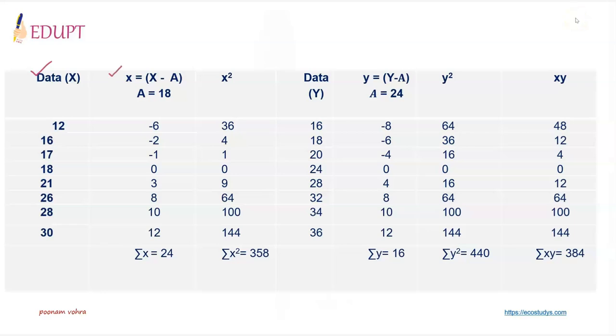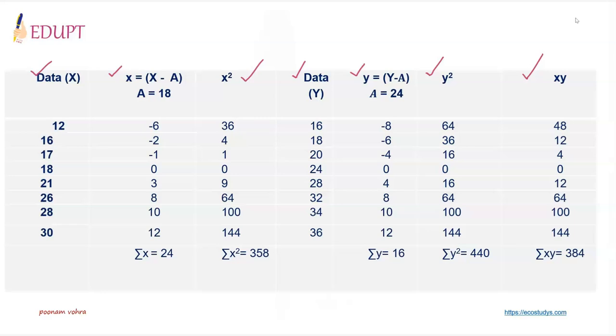Column 2 is the deviations from mean for x. Column 3 is the square of the deviations. Column 4 is the values of variable y. Column 5 is the deviations for y. Column 6 is the square of the deviations, and column 7 is the multiplication of the deviations of x and y.